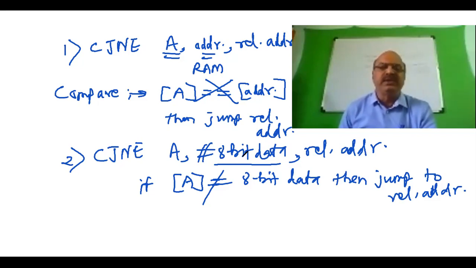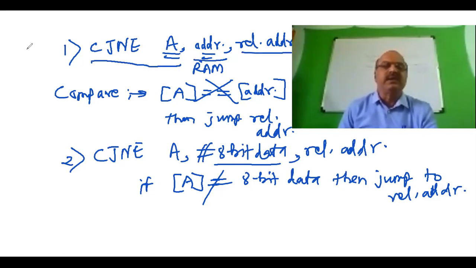How many bytes will this instruction be? One byte for the code CJNE, one byte for the address, and one byte for the relative address. So it is a 3-byte instruction, because one byte is used for the second data and one byte is used as the relative address, the jump address.